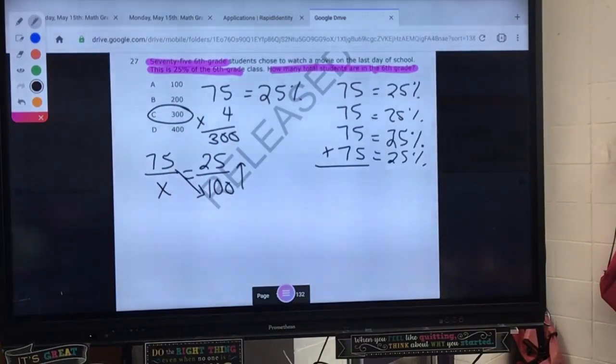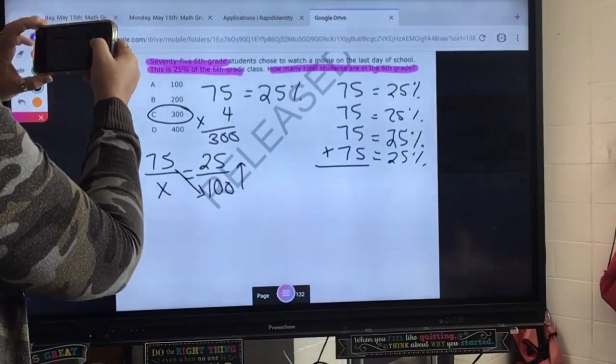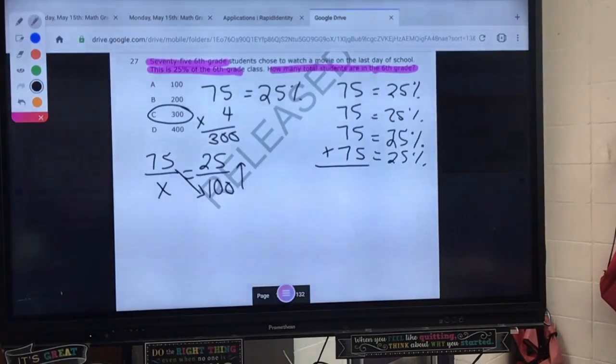How many of you guys used one of those 3 ways? Okay, if you didn't use one of those 3 ways, would you like to share what you did use? Wyatt, what'd you use? Emma, what'd you use? I thought it said 25, so I got the wrong answer.